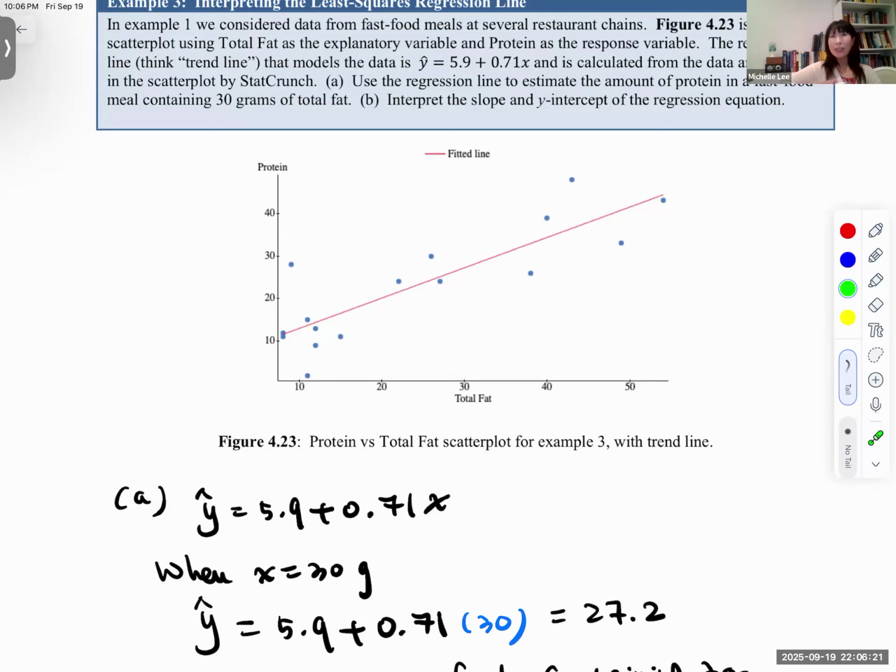All right. Let's talk about the slope. The slope is 0.71. That means when x equals 1 gram, which is total fat, right, then we expect y to increase by 0.71 grams on average again, right?